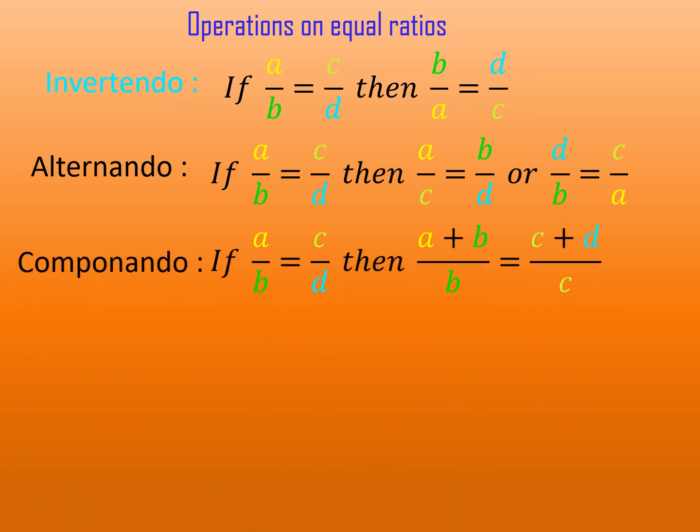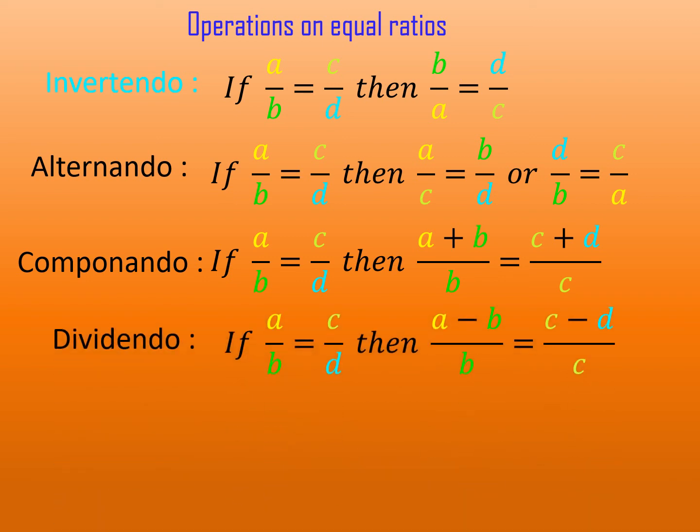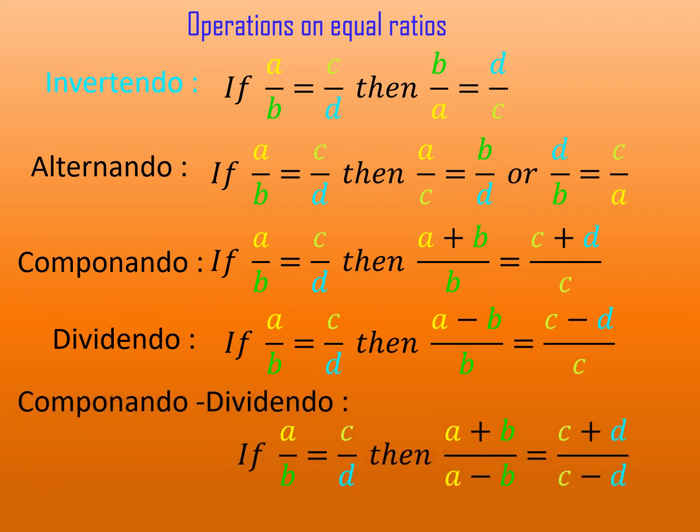Componendo: a upon b equals c upon d, then a plus b upon b equals c plus d upon d. Dividendo: a upon b equals c upon d, then a minus b upon b equals c minus d upon d. The last one, componendo dividendo: a upon b equals c upon d, then a plus b upon a minus b equals c plus d upon c minus d.